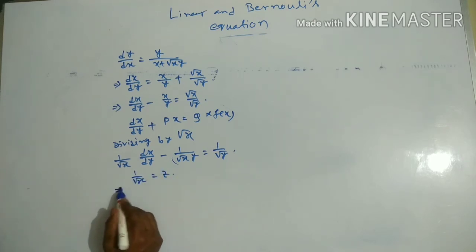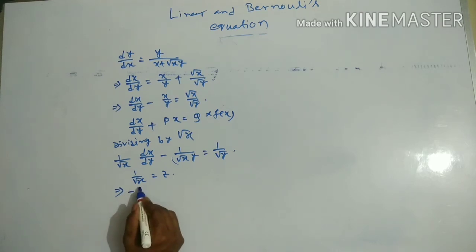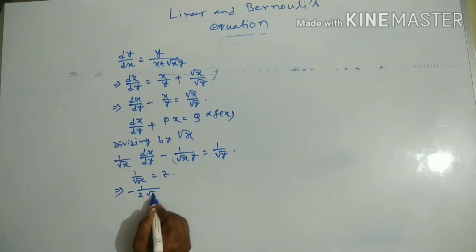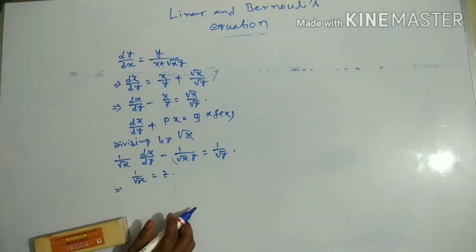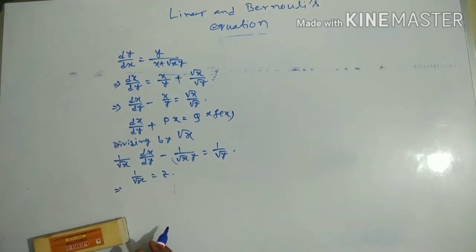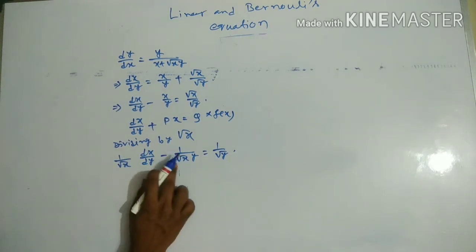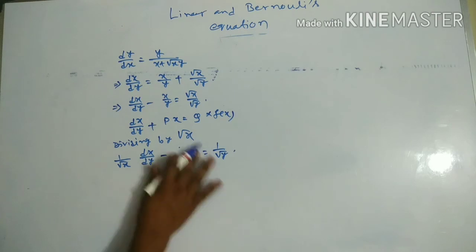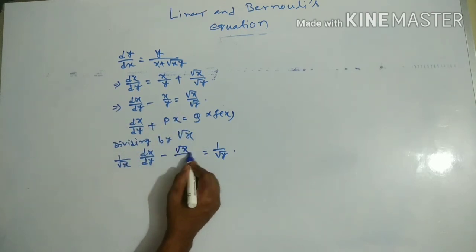Differentiating both sides with respect to y, sorry, I have done a mistake in this line. This will be x by root x, which is root x by y.